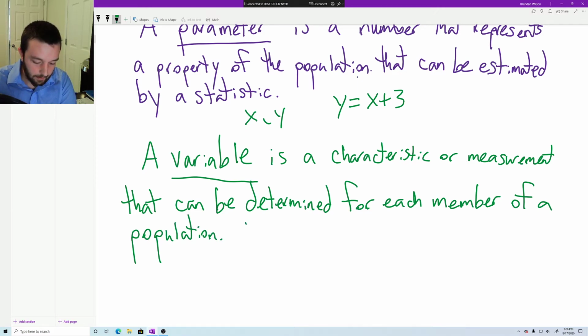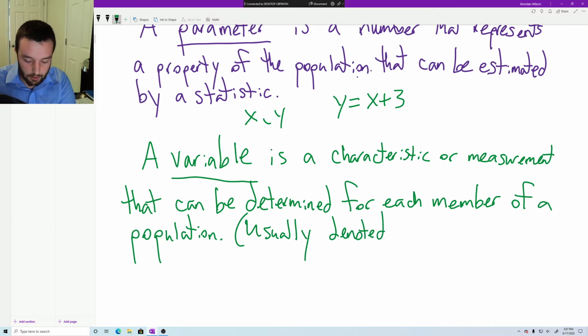And this is usually denoted, in statistics specifically, by a capital letter.